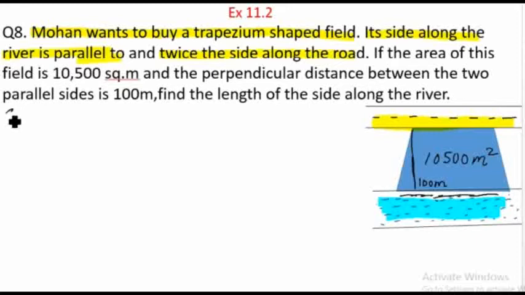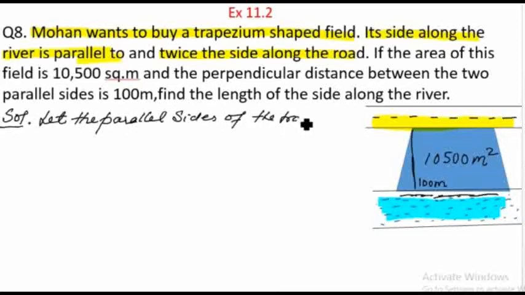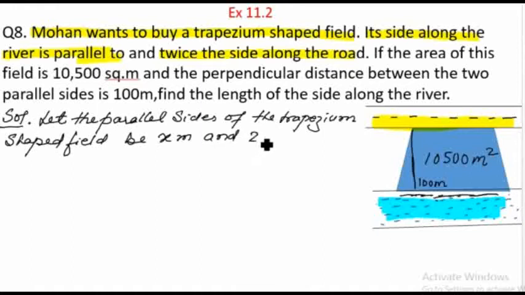So how are we going to do this question? Let the parallel sides of the trapezium shaped field be x meter and 2x meter, because it is given in the question that one is twice the side along the road.